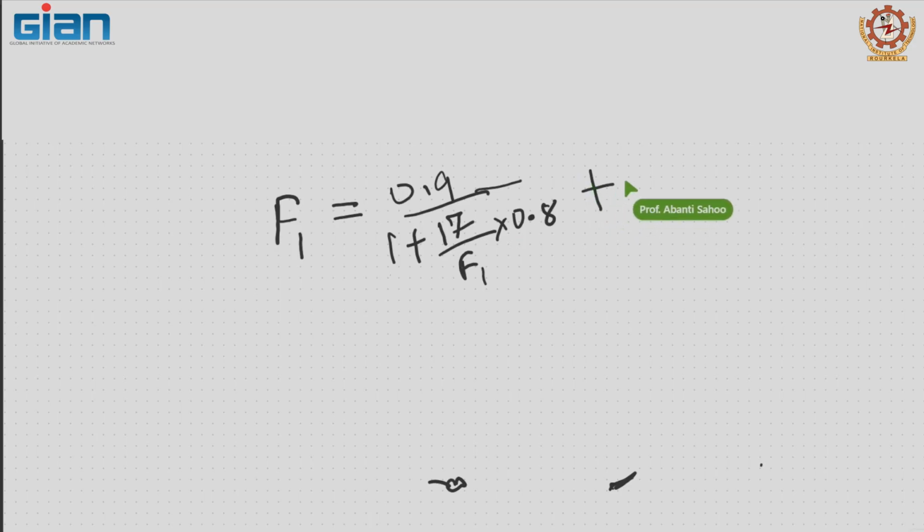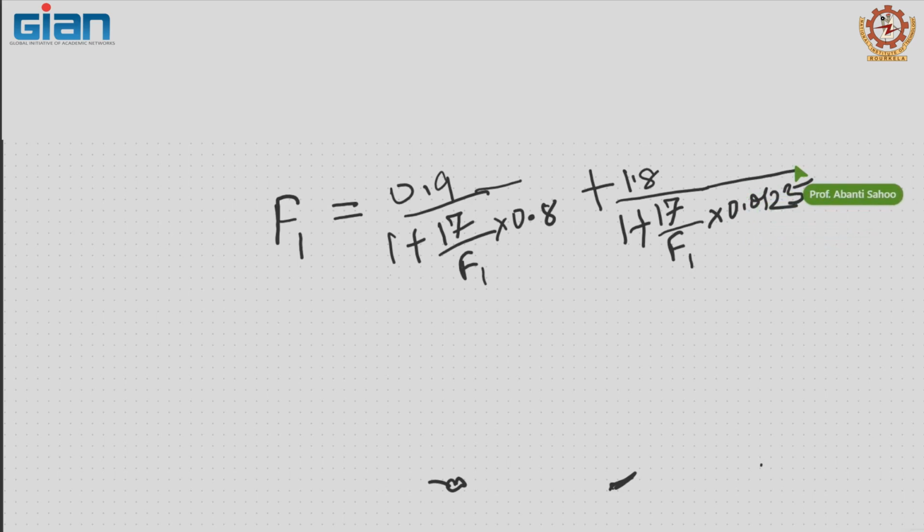plus F0 R2, which is 1.8, divided by 1 plus W by F1, 17 by F1, into K of R2, which is 0.0125.